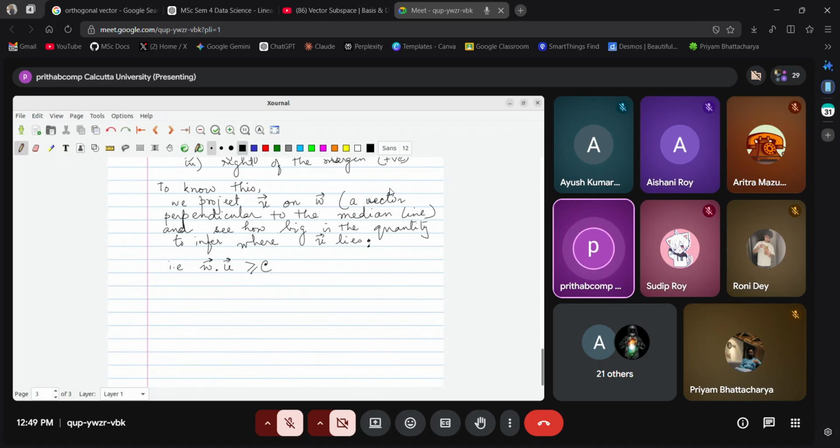Now, what is this value of C? So this is the kind of rule we were talking about, to decide which class it belongs to, right? So if C crosses the median line, then the data point is positive, else it is negative.